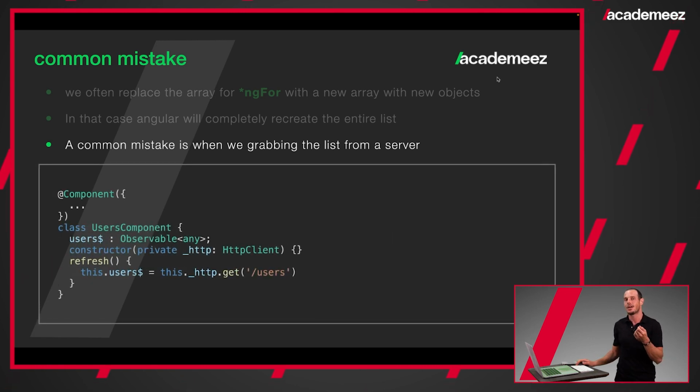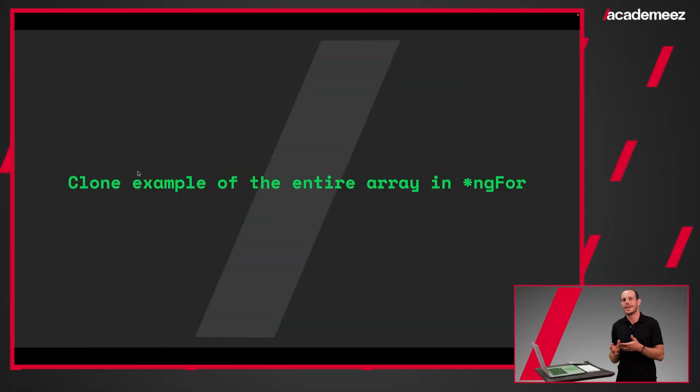So I see that mistake a lot, and many times when you use ngFor to display an array from a server, Angular developers are not realizing that when they completely replace the array and the objects of the array, they completely recreate the DOM elements list in places where they often need to update items in the list.